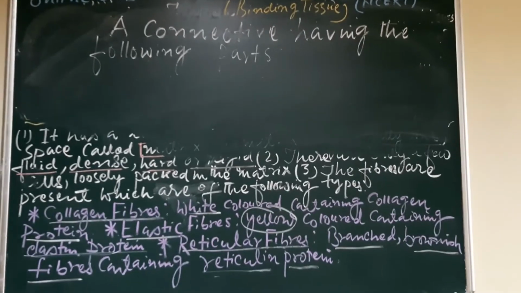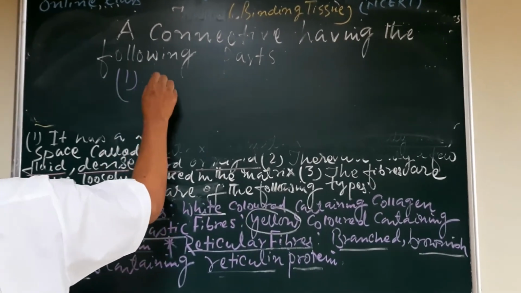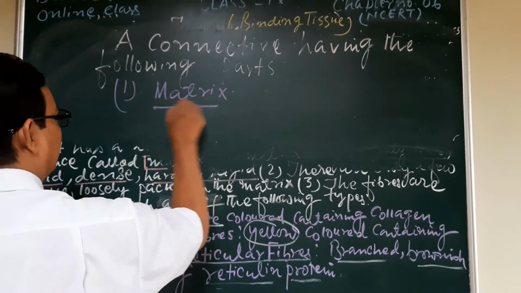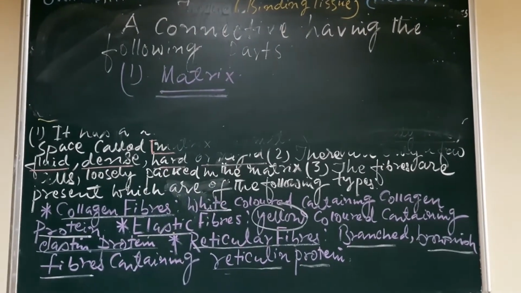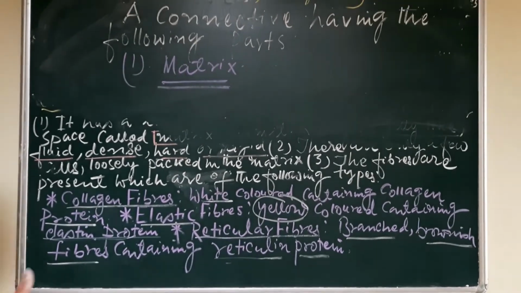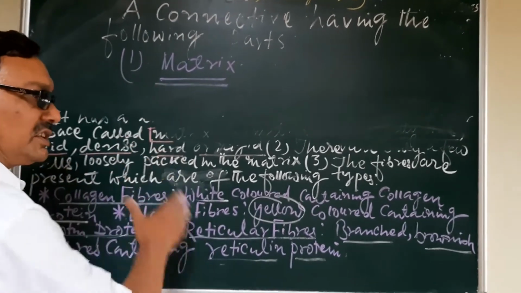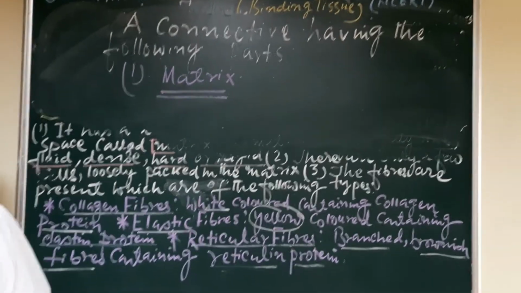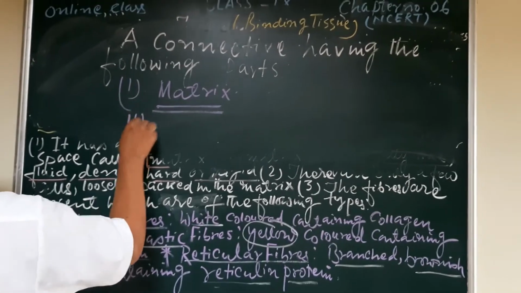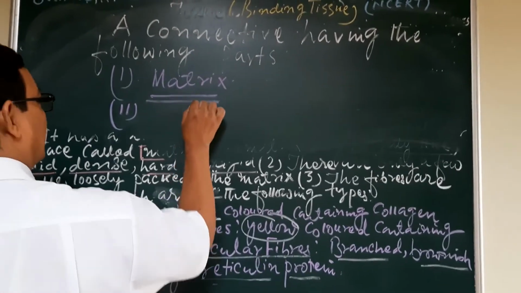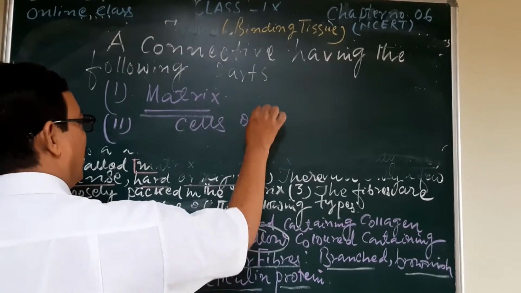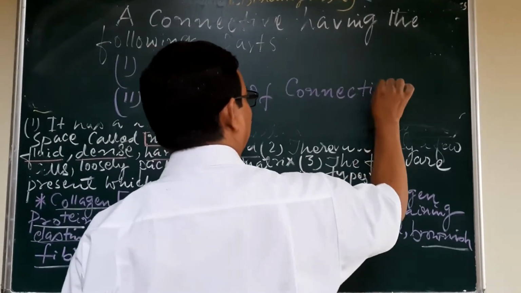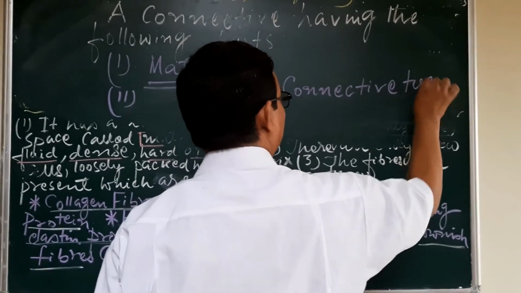Number one, like we have seen, matrix. In each and every type of connective tissue there is a matrix, in which the cells of the connective tissue are embedded, scattered, or packed. Number two, the cells of connective tissue.